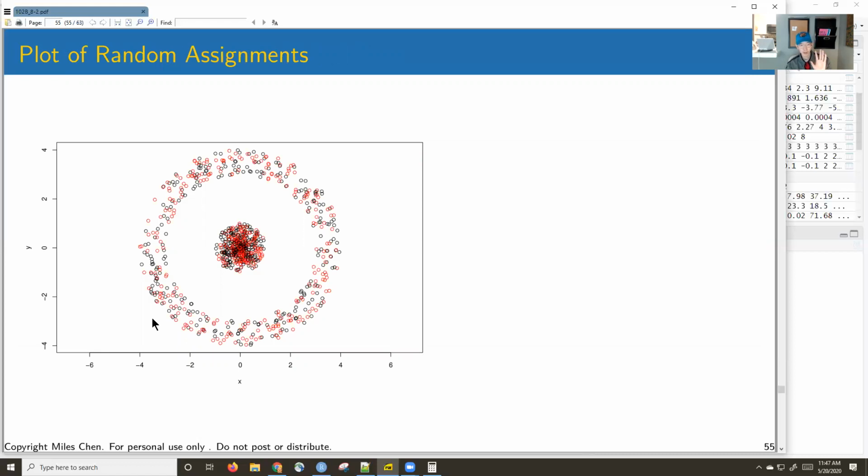And so here I start off with random assignments. And then we say, all right, transform this into infinite dimensional space, calculate the centroids, and reassign the points to the nearest centroid, okay?